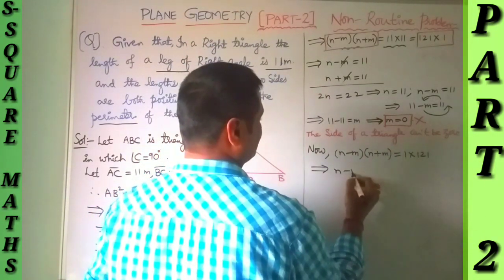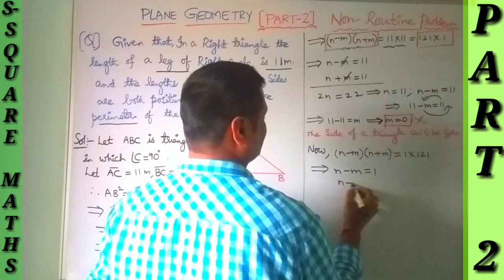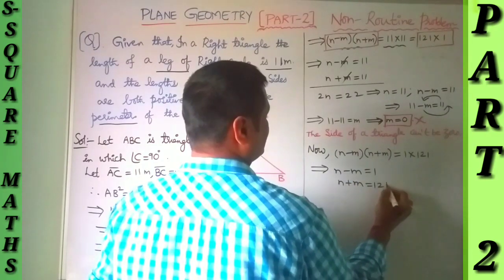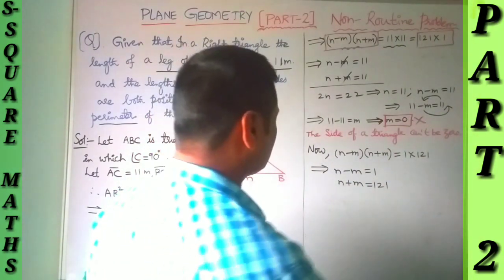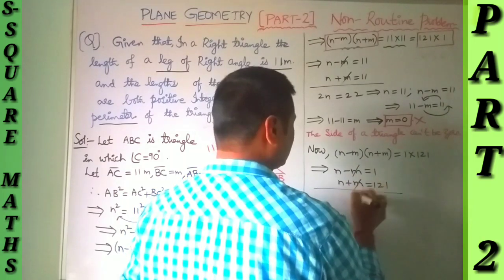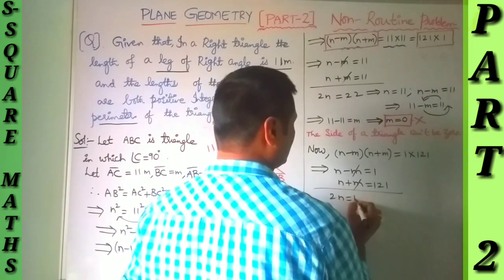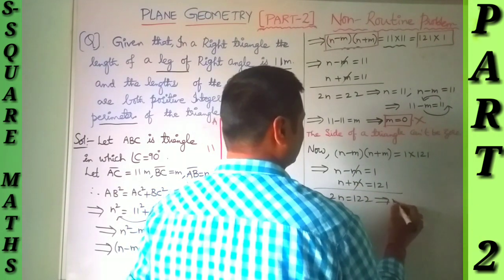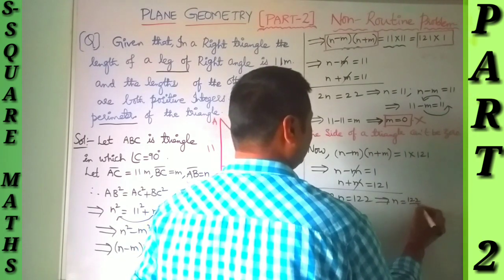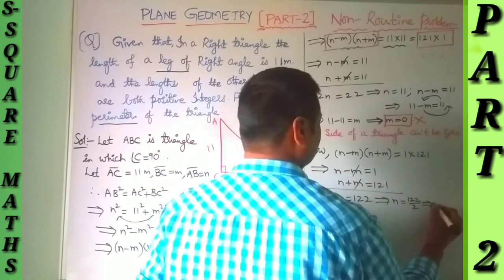So n minus m is equal to 1, n plus m is equal to 121. Now adding, minus m plus m is 0, so 2n is equal to 122. This implies n is equal to 122 by 2, which implies n is equal to 61.